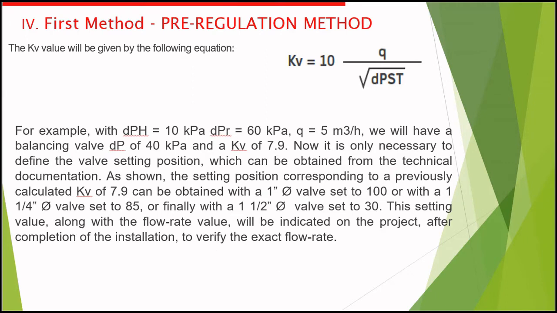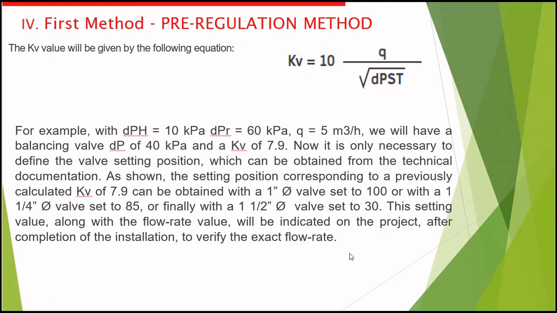Thus, kV equal to 10 multiplied by Q divided by the square root of dPST. For example, if we have dPH equal to 100 kilopascal, dPr 60 kilopascal, Q equal to 5 cubic meter per hour, we will have a balancing valve dP of 40 kilopascal and kV of 7.9. Now it is only necessary to define the valve setting position, which can be obtained from the technical documentation, which is the catalog.